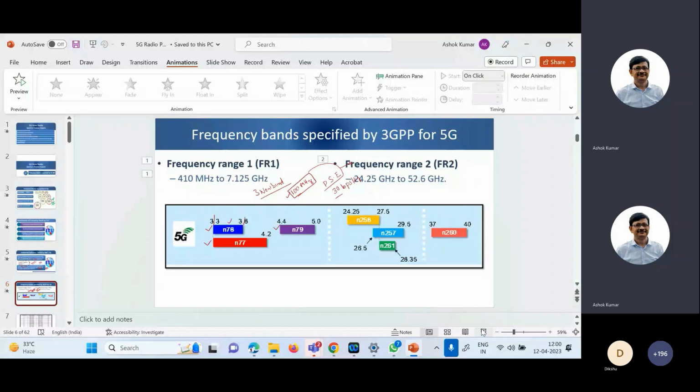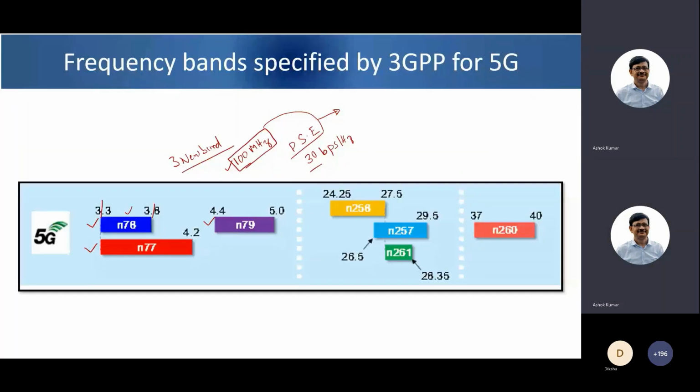Okay. So my question was, somebody also answered. I'll repeat that question so that you are able to understand and answer. I said, in the N78 band, operators have acquired about 100 megahertz of frequency. And in 5G, we have 30 bits per second per hertz of peak spectral efficiency.